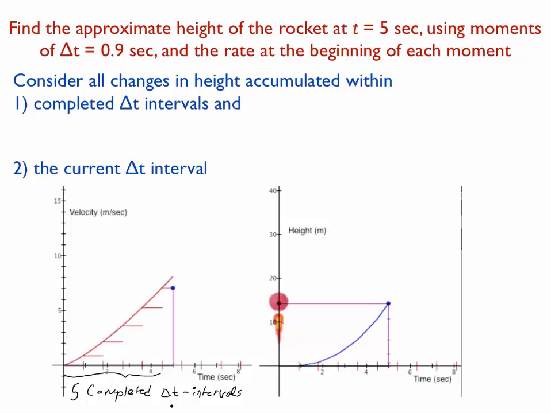But then that only goes up to time equals what? So we got 0.9, 1.8, 2.7, 3.6, and 4.5. So there's another half second. And this is now the current interval. So right now, t equals 5 is in the interval from 4.5 seconds to 5.4 seconds, and we call that the current interval.